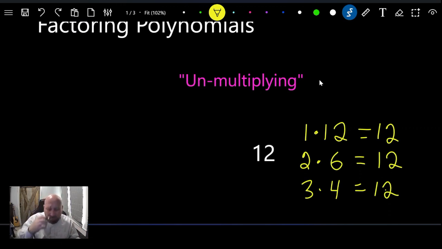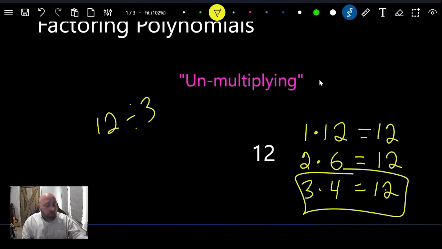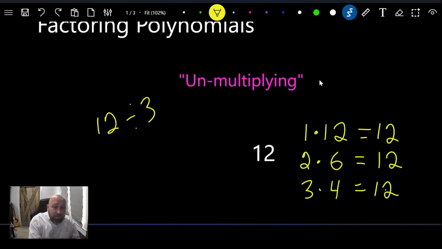Now, the difference in division is that it tells you, like it'll say divide 12 by 3. Well, then we know. We say, okay, this is the one right here: 3 times 4 equals 12. So when we divide 12 by 3, we get 4, right? But the problem with factoring, with unmultiplying, is that we don't know.